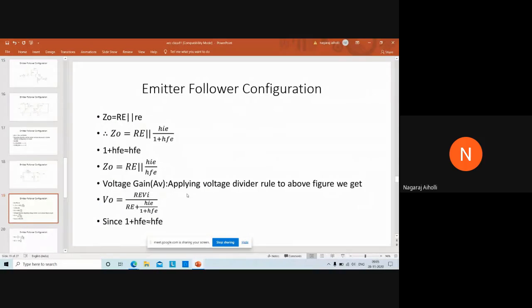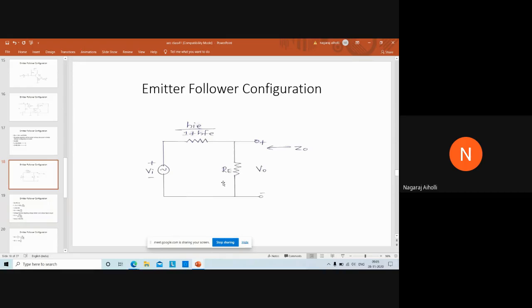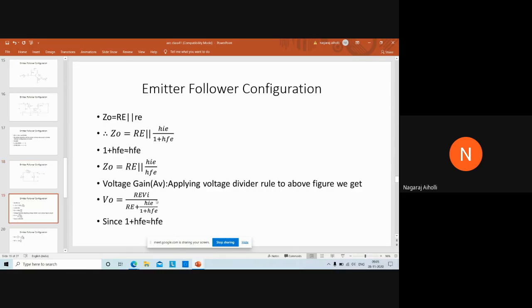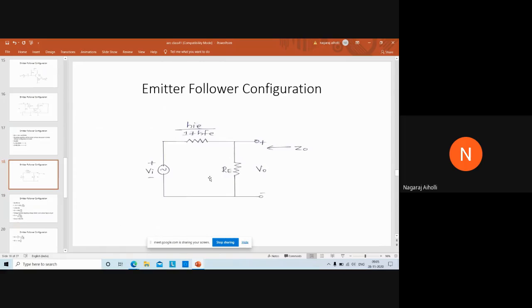Next, voltage gain. The AV equation is obtained by applying the voltage divider rule to this figure. If you apply the voltage divider rule to this figure, we will get the output voltage. What is the output voltage? It is the main voltage VI into the resistance of the same branch, that is RE, divided by the sum of the resistances, RE plus HIE by 1 plus HFE.